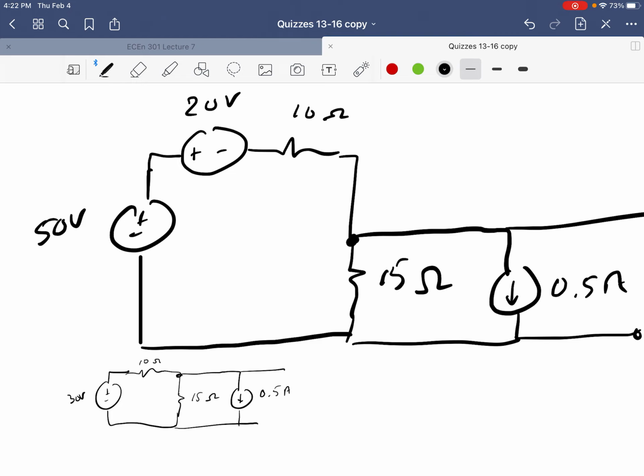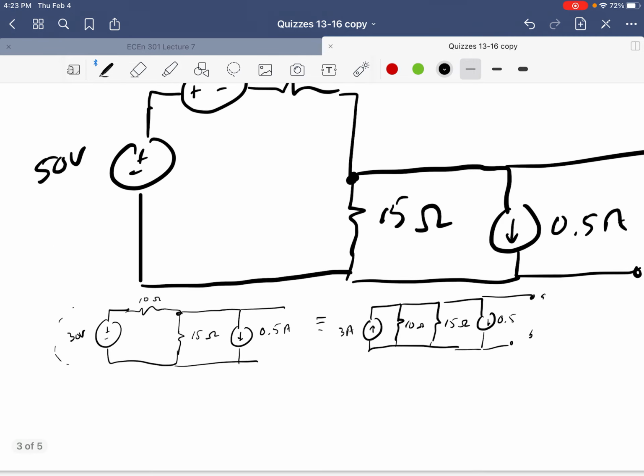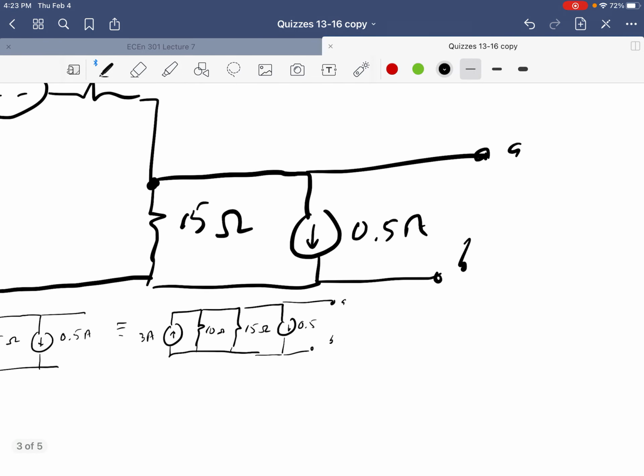And then now we can do a source transformation here, and so that's going to be equal to a current source, which is going to be 30 divided by 10, so 3 amps, and then we've got 10 ohms in parallel with 15 ohms, and that's all in parallel with a 0.5 amp current source. Again, that's A and B.